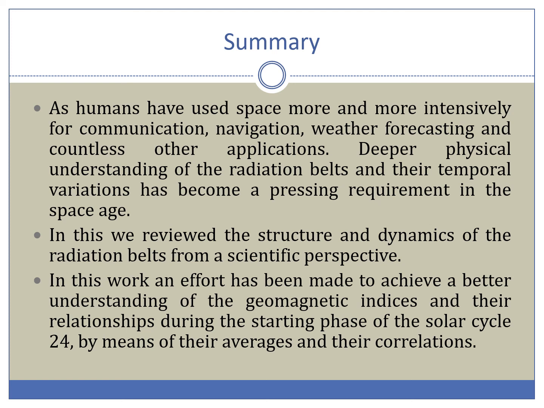In this, we reviewed the structure and dynamics of the radiation belts from the scientific perspective. In this work, an effort has been made to achieve a better understanding of the geomagnetic indices and their relationships during the starting phase of the solar cycle 24 by means of their averages and their correlations.